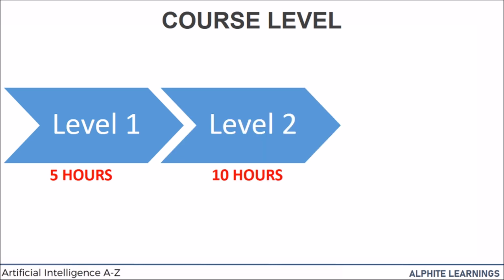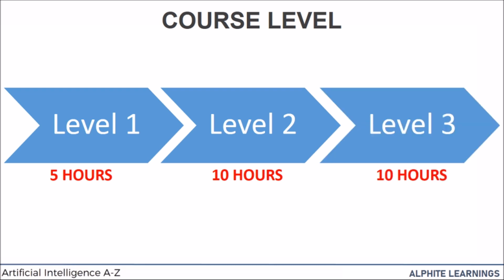Following that, we have our level 2 program, which is a 10 hours program, where we'll start to build our AI skill set from the learnings of level 1. Post that, we'll have our level 3, also 10 hours, where we'll be introduced to real world applications and buildings, like a self-driving car or a much more intelligent robot. We can build something like that.